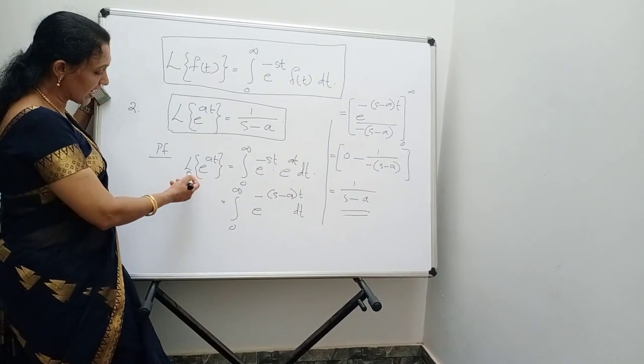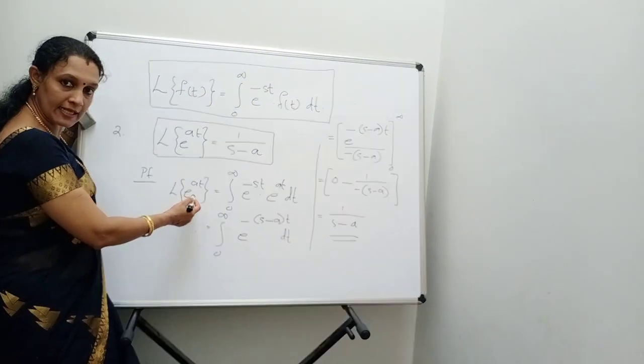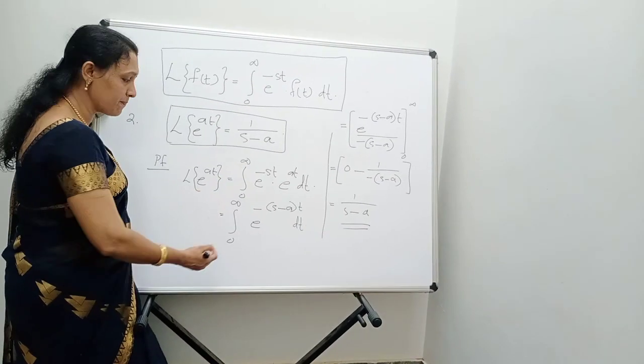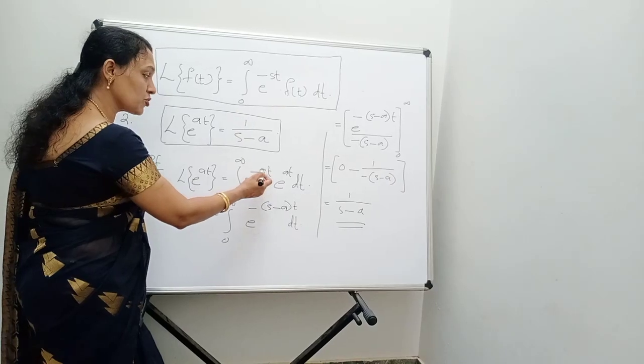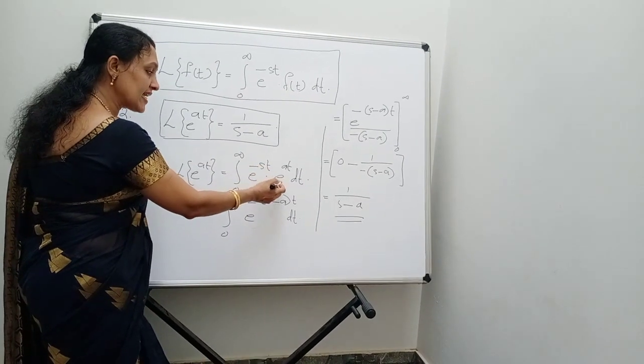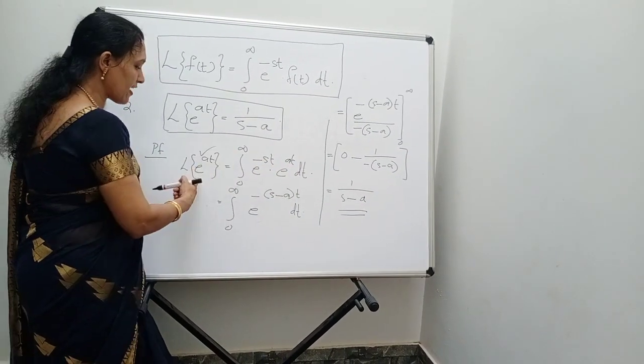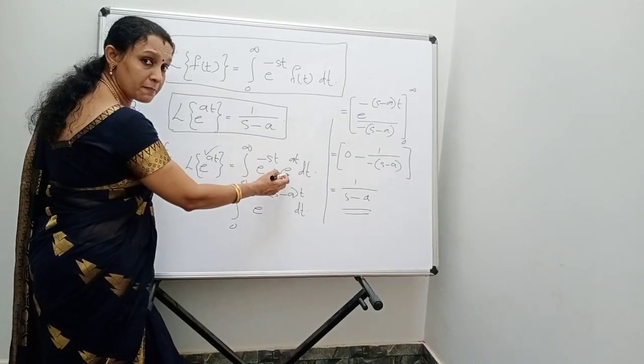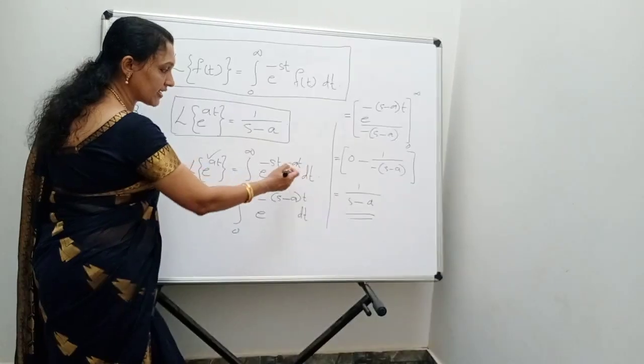So you start with L of e raised to at, that is equal to integral 0 to infinity e raised to minus st into e raised to at dt. Here f of t is e raised to at, so the same f of t you have to multiply here.